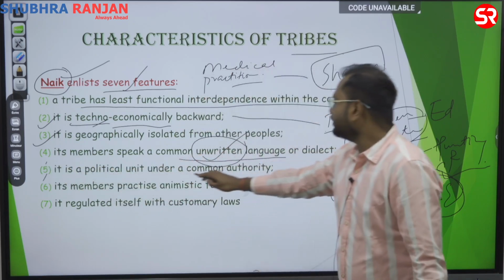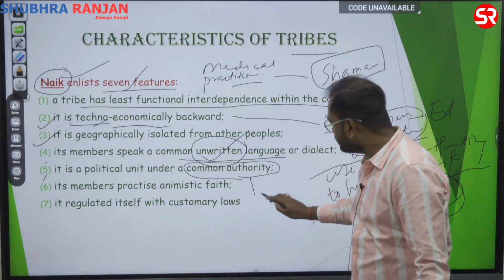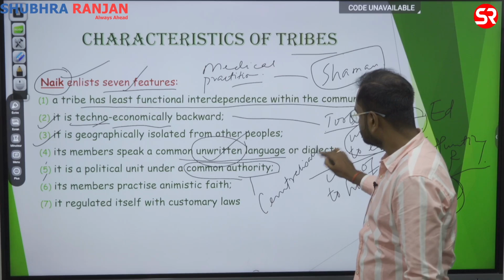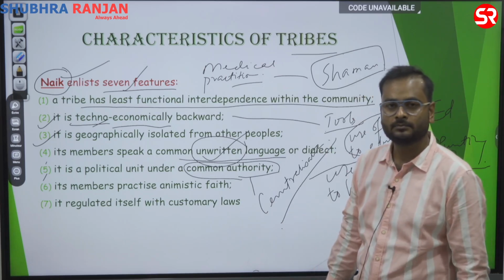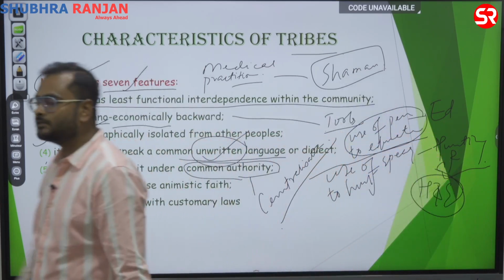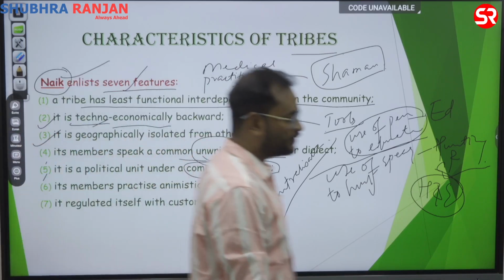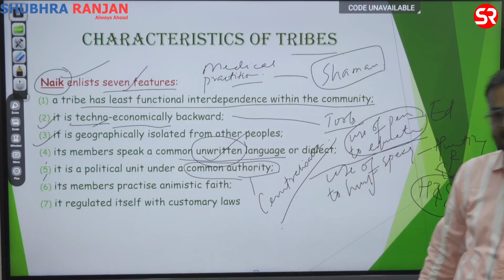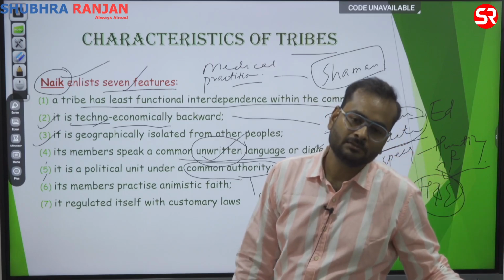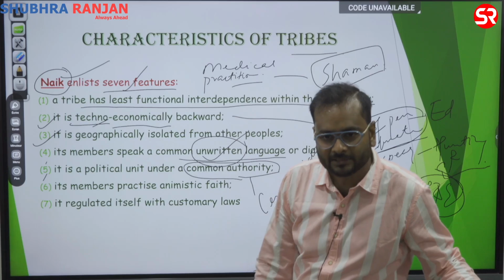Then it is a political unit under a common authority. That means, what is a common authority? Can we say it is talking about centralization? Isn't it? It is talking about centralization. But can we say that certain tribes in the past also, when we talk about the Janapadas, if you remember ancient history, there were few Janapadas which were republics, and such republics had a decentralized political structure, isn't it?